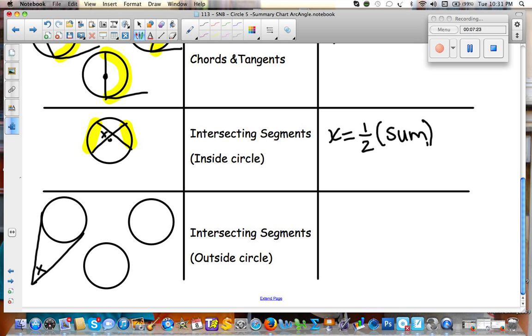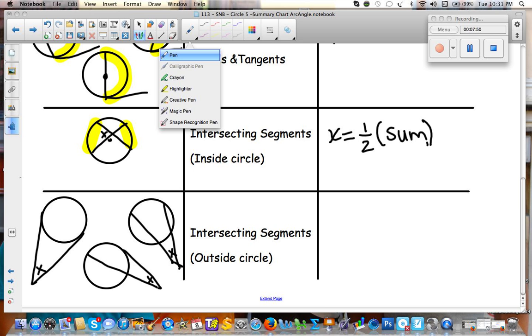We could have a secant and a tangent that form an angle outside the circle. And we could also have two secants that intersect to form an angle outside the circle. That would be angle X. And again, we're still talking about those intercepted arcs.